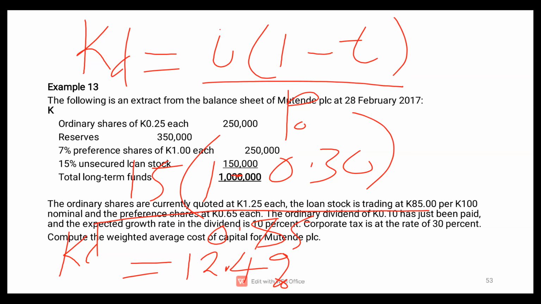Confirm the figure. All right. So how do you find now the value of debt, the market value of debt?